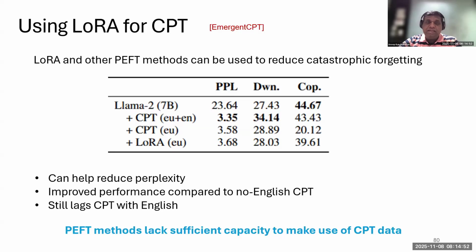But it still lags behind an approach where you do CPT on both the English and the non-English language. This is primarily because LoRA methods are constrained in the capacity that they have, and the more CPT data you want to utilize, the less effective LoRA would be.